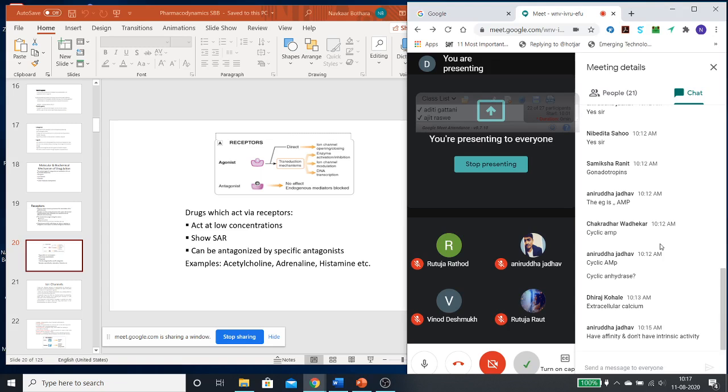So one thing you should keep in mind is that any drug has a structure, and that structure has one important component that we call the portion responsible for affinity.